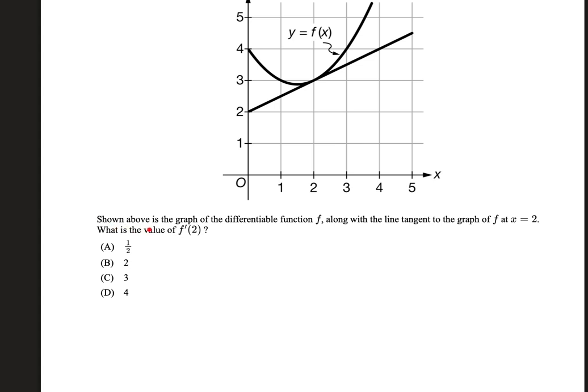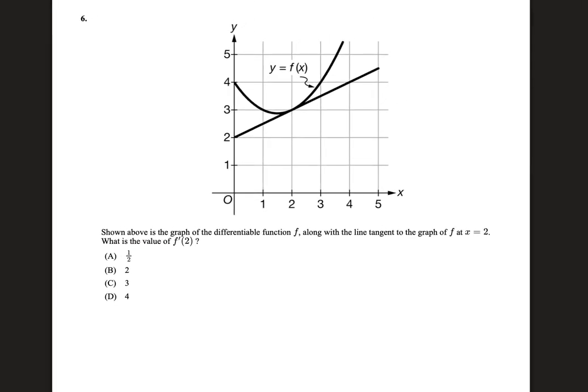Okay. So next one, they say shown above is the graph of the differentiable function f along with the line tangent to the graph of f at x equals 2. What's the value of f prime of 2? So when they say f prime of 2, you interpret that graphically.